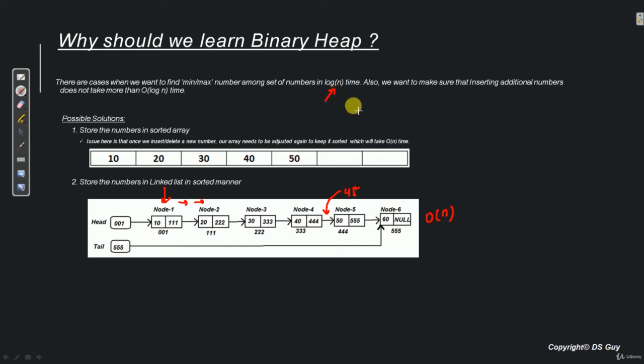So what can we do? This is where the binary heap comes into the picture. With the use of a binary heap, we can find out the minimum or maximum number from the set of numbers in log n time, which anyways we were able to get from here. But the power of binary heap is when we want to insert additional numbers.